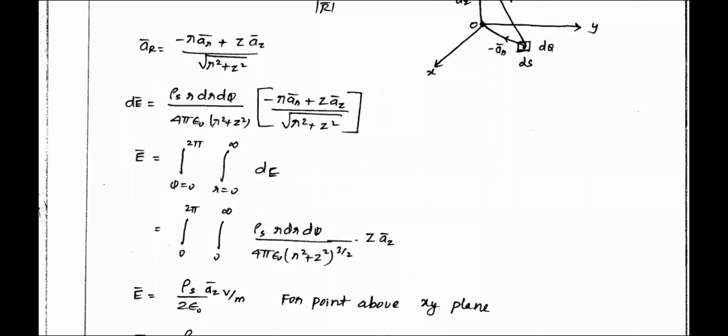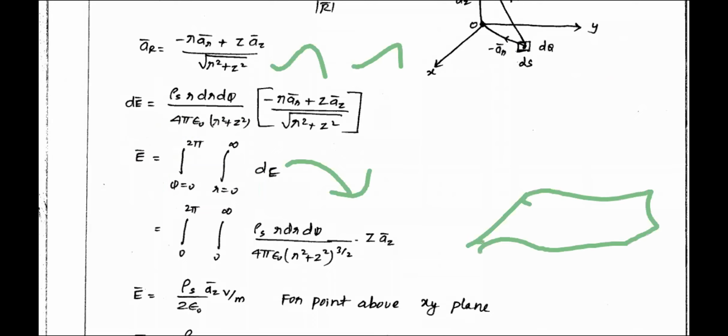Already you know what is dE. And please note down, here there are two components, one in a_R vector cap, another one is a_Z vector. I clearly told you, once you have a surface like this, definitely finally your electric field will be only in this direction, not in any other direction.